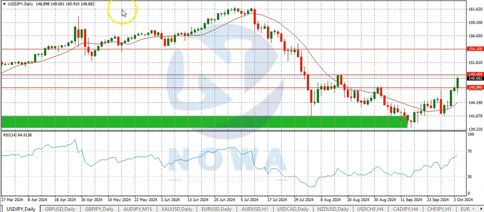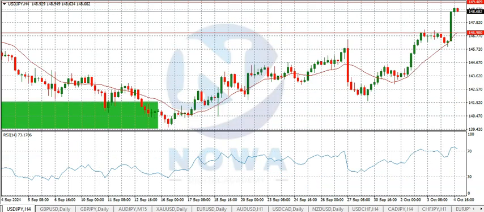Then on the 4 hours time frame, we could either see a bearish divergence or a double top here before we look forward to a sell, and the market will sell. Now when that occurs, this is the next region we expect the market to come to.